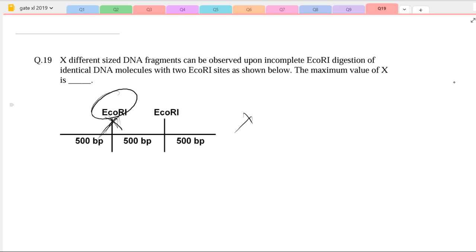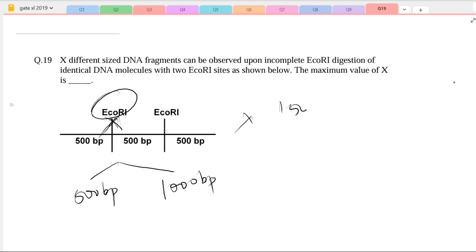So if at one site a cleavage occurs, then this yields a 500 base pair DNA fragment and a 1000 base pair DNA fragment. And if there's no cleavage occurring, if basically the concentration of the restriction enzyme is too low, then it might not be able to digest all the DNA fragments.